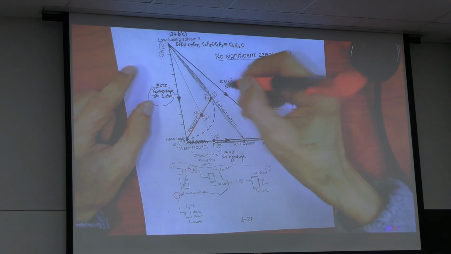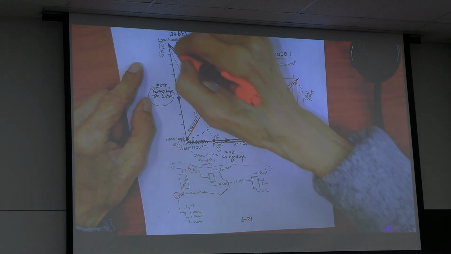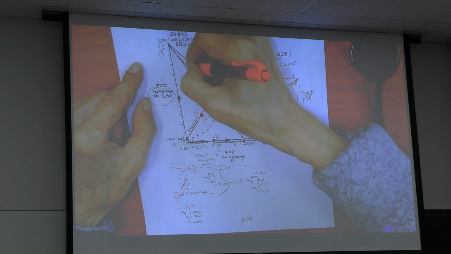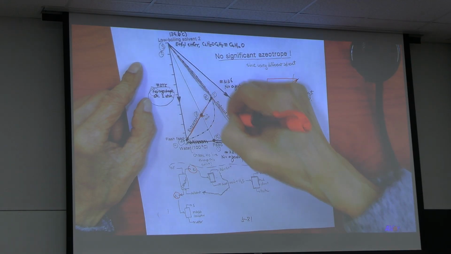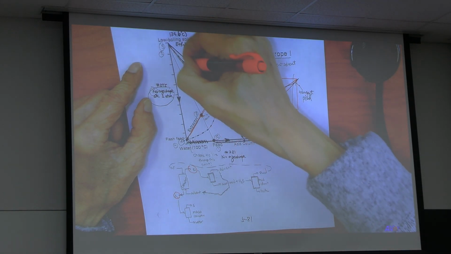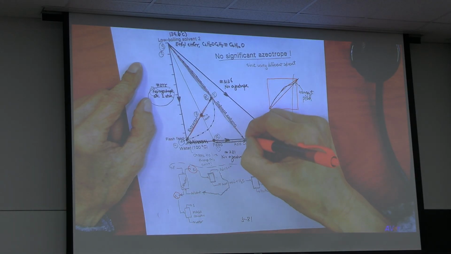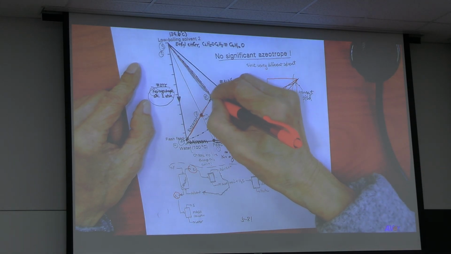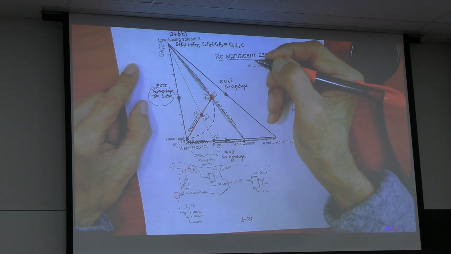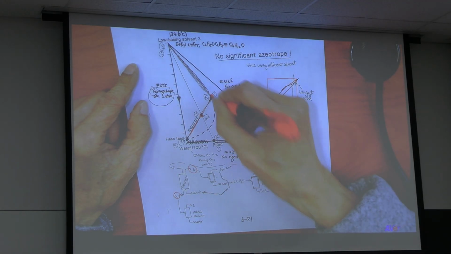How? If you draw this column, that will intersect at this point, okay?